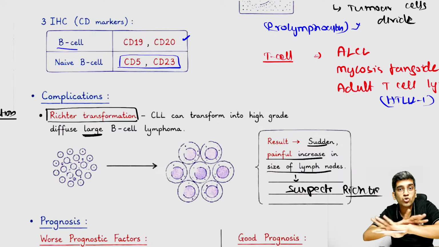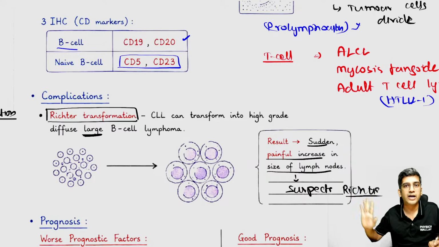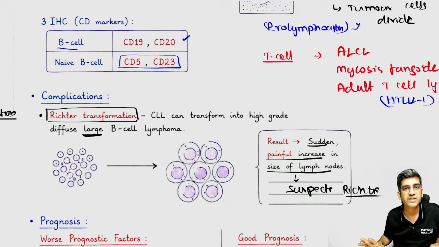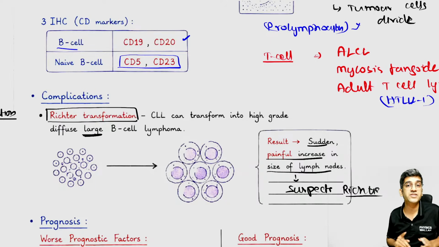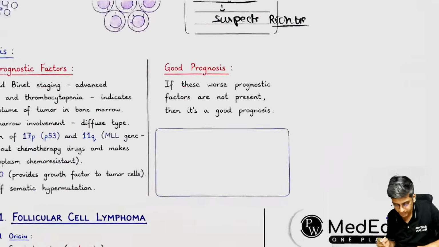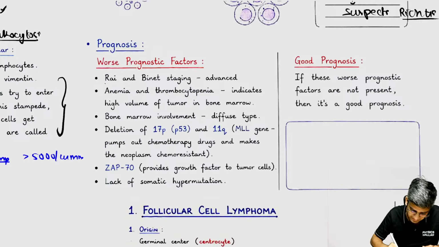Only when I diffusely involve bone marrow throughout, I will not be able to give space for RBC and platelets. Then a patient having anemia plus CLL, bad. A patient having anemia, thrombocytopenia plus CLL, bad. Because I'm not giving space for anything else, right? That's the first thing, right? So Rai and Binet is a staging classification, can come in an MCQ.